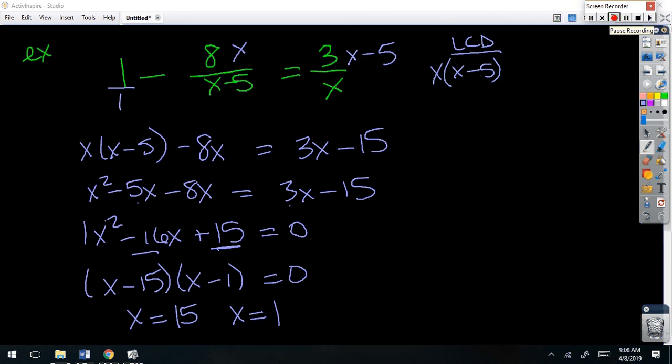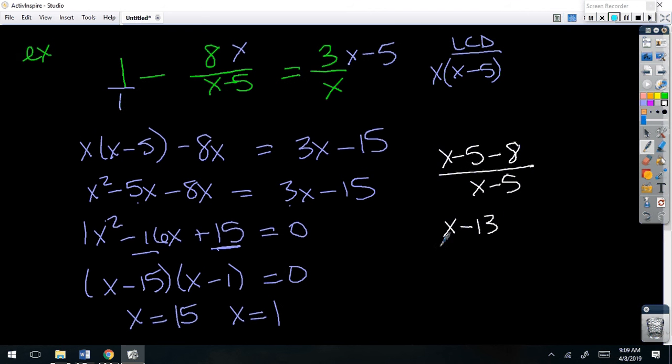All right, so if you do it the other way, you would get, on the left side, x minus 5 minus 8 over x minus 5, right? So then you'd have, if you did it where you simplified, guys, I need y'all with me, not against me.